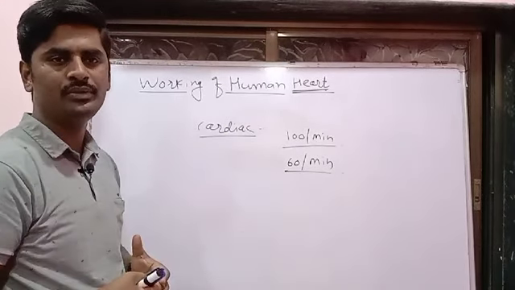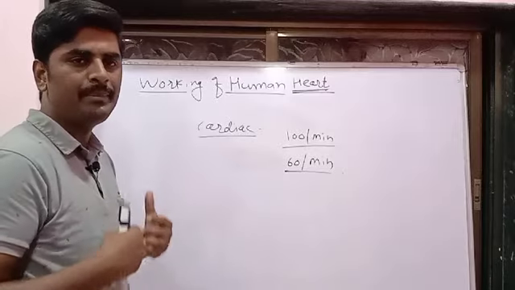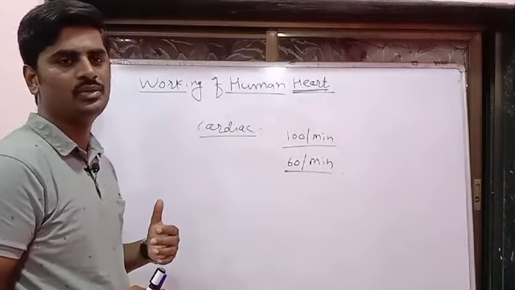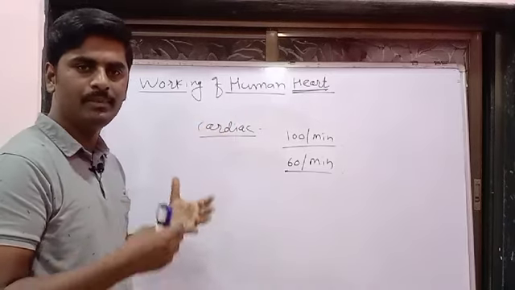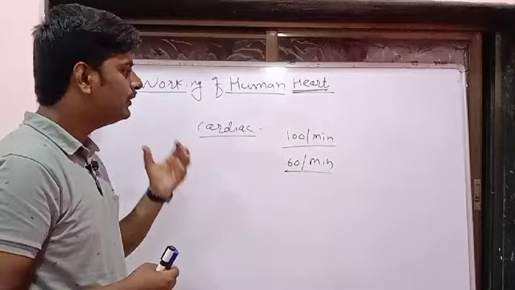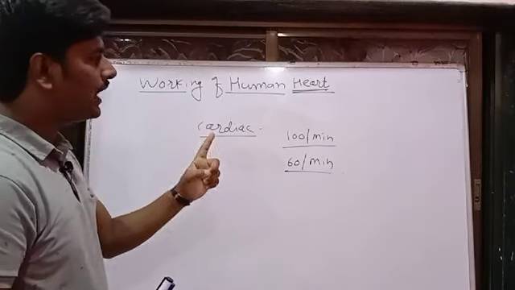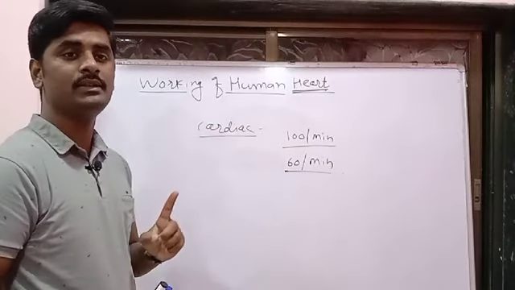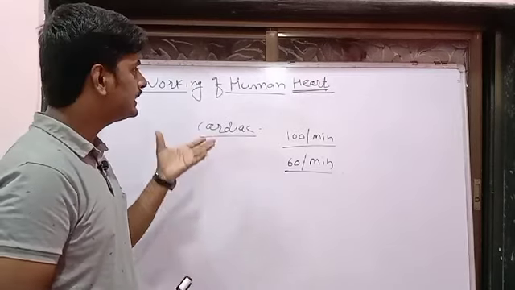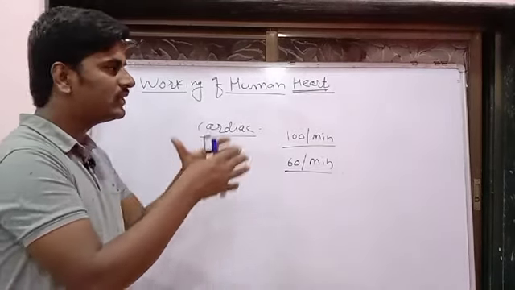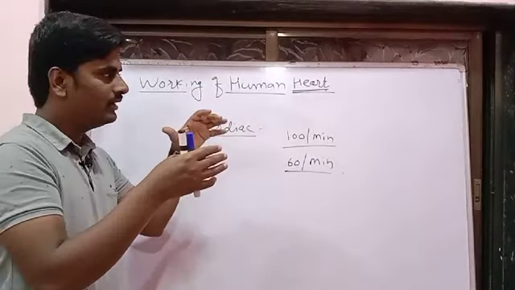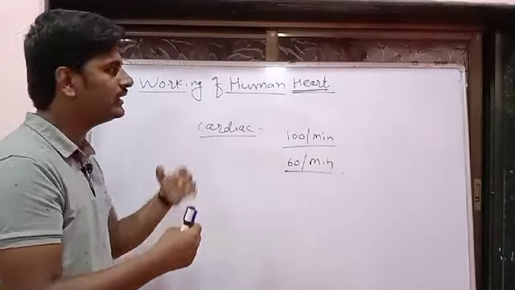Our heart is myogenic, means it has the ability to create its own electrical impulses. So therefore our heart is myogenic. So basically we know that one heartbeat requires one contraction and one relaxation. In this class we are going to discuss the exact working and mechanism, how the functions are carried out inside the heart.